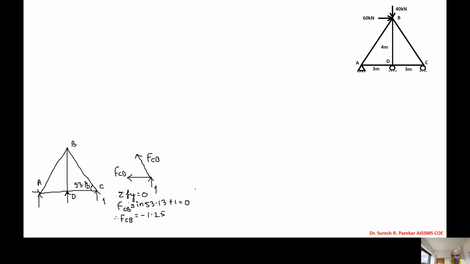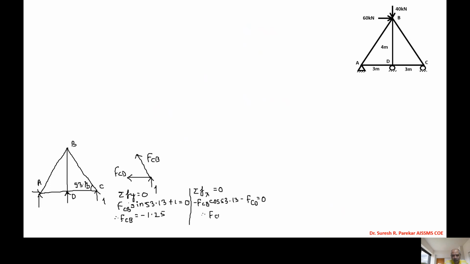Then we go to summation Fx equal to 0, and we have FCB cos 53.13, this is minus, then minus FCD equal to 0.